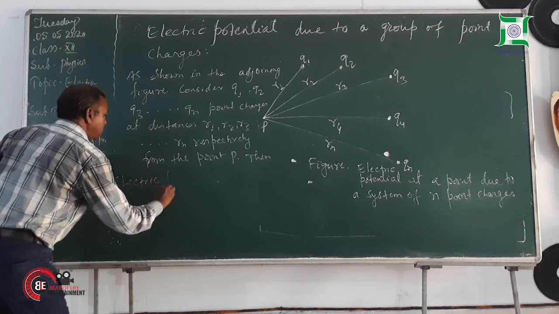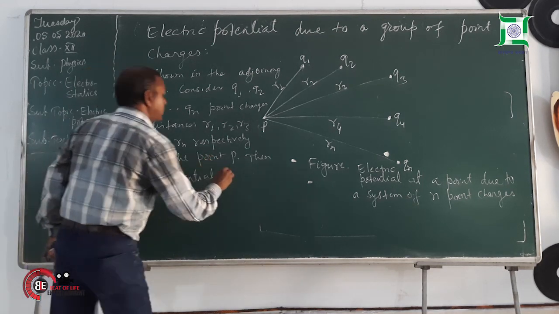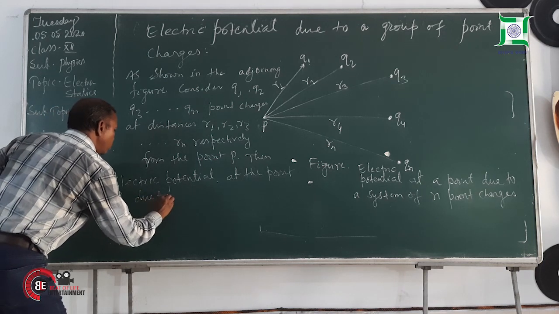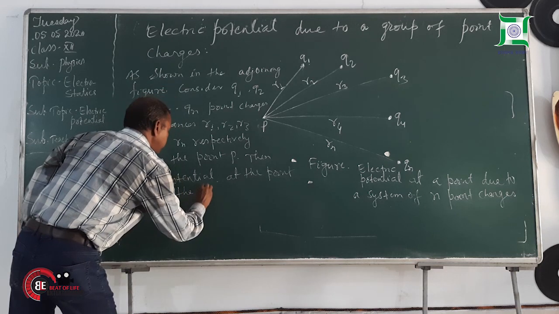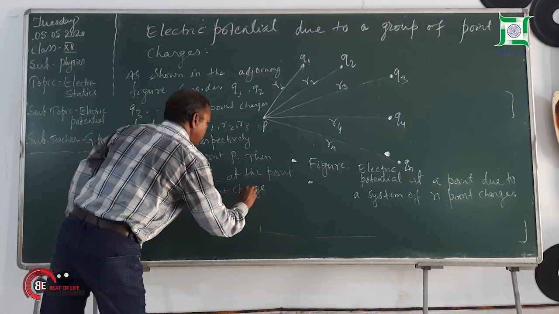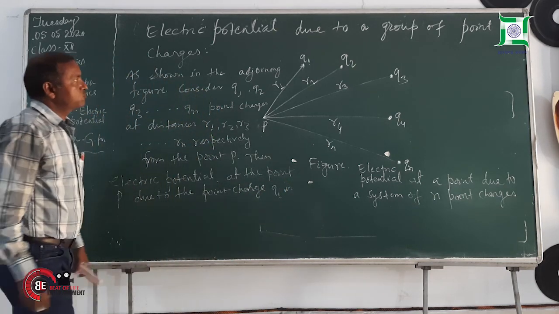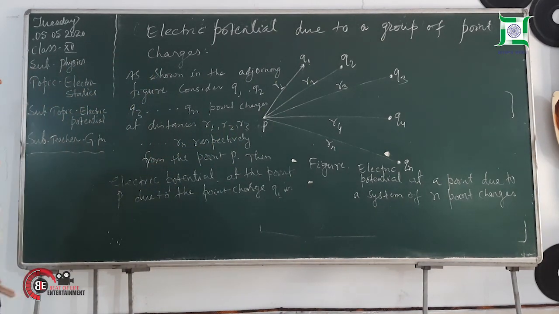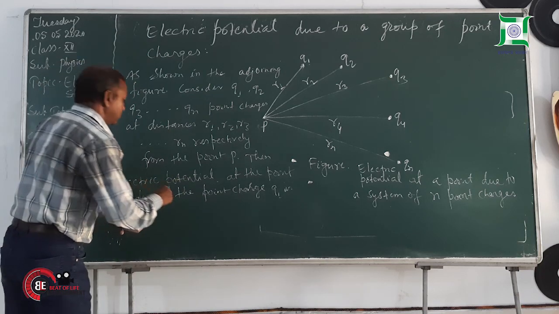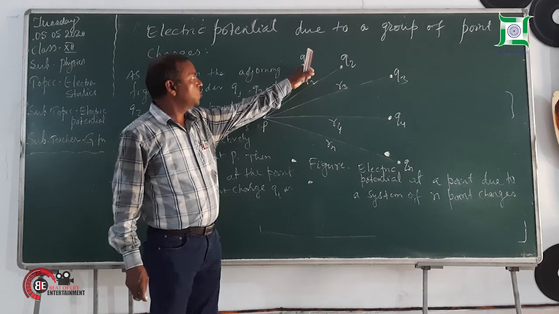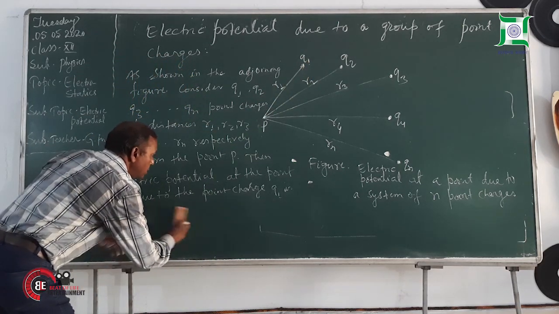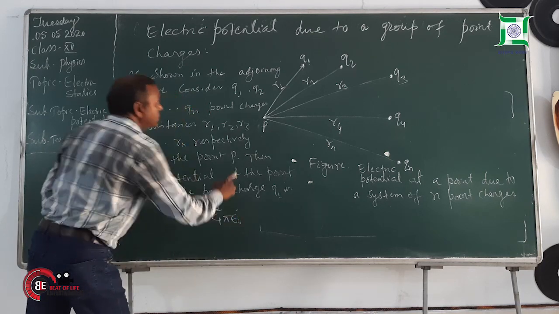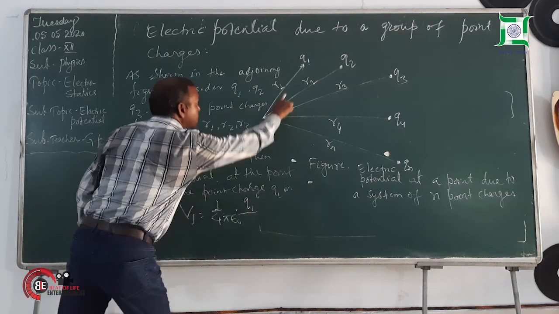electric potential at the point P due to the point charge Q1 is, as we have determined the expression for electric potential, V is equal to 1 by 4 pi epsilon naught into Q by R. So here the electric potential at the point P due to the charge Q1 will be V1 is equal to 1 by 4 pi epsilon naught into Q1 by R1.